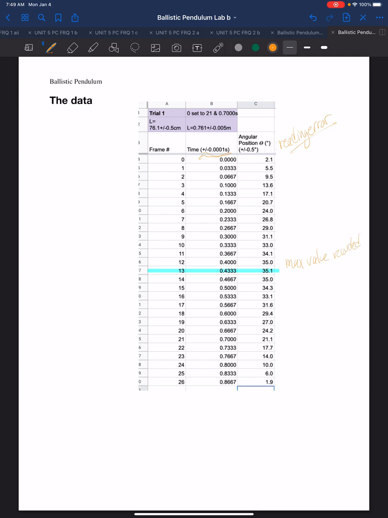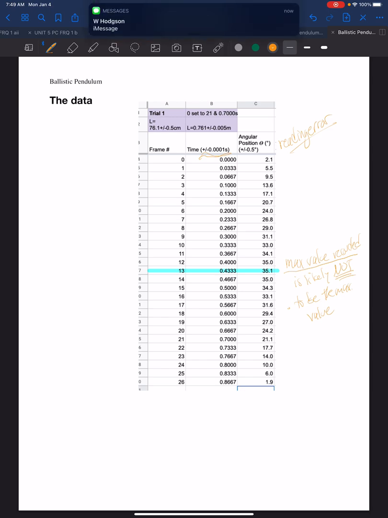And so we have to be careful that the maximum value recorded is likely not to be the maximum value. That is because for 35.1 to be the true maximum value, it would require that frame of the camera happen to exactly perfectly catch it at its highest point, which is something we should never expect to occur.